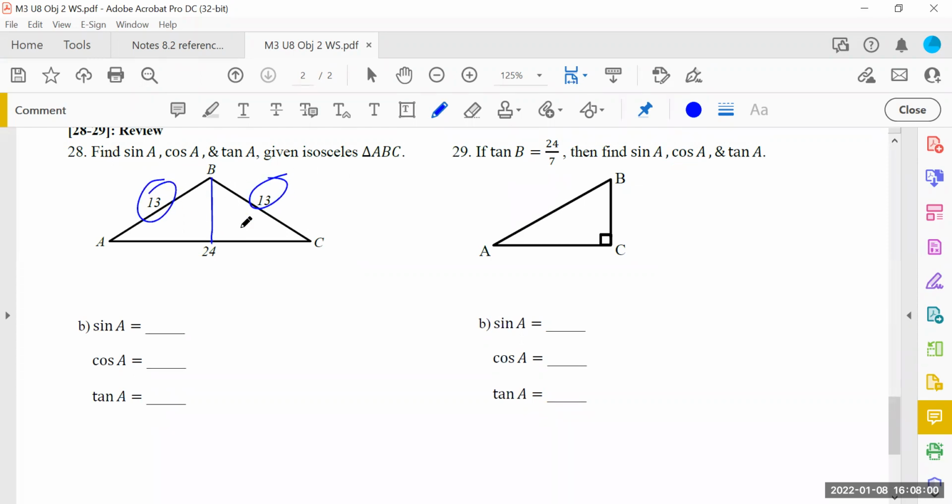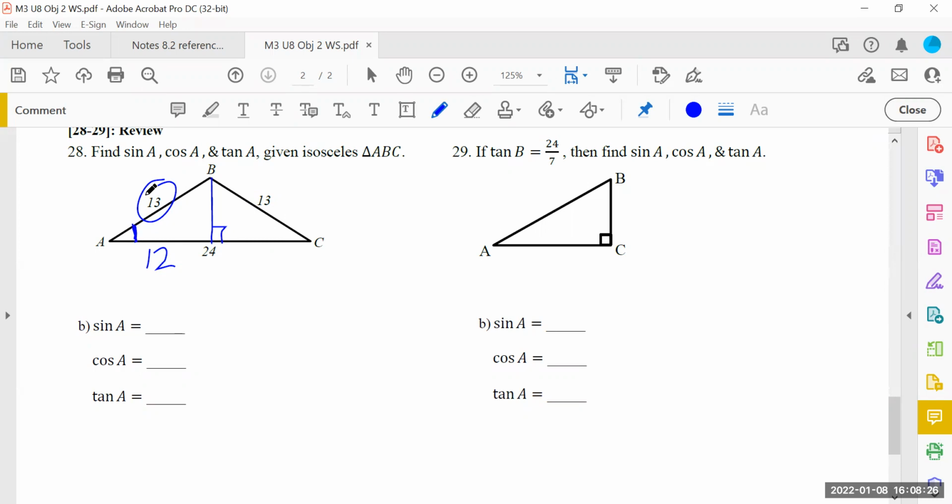These are 2 sides that are exactly the same, which means this is an isosceles triangle. And again, I can then drop a height of the triangle that cuts this straight in half, puts this at 12. You can now use what we've learned in the past to find this angle or this angle.